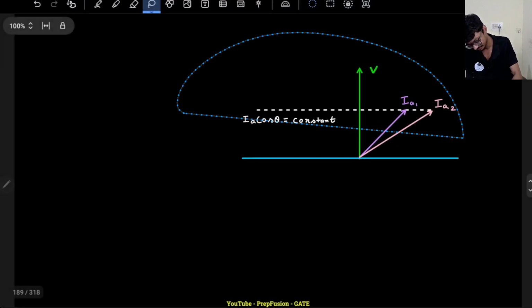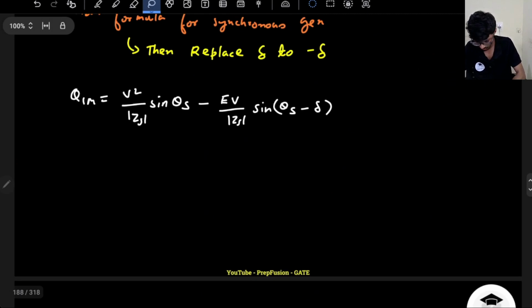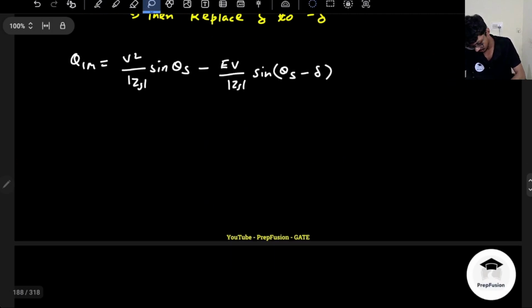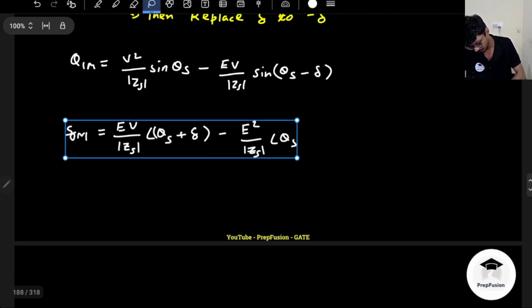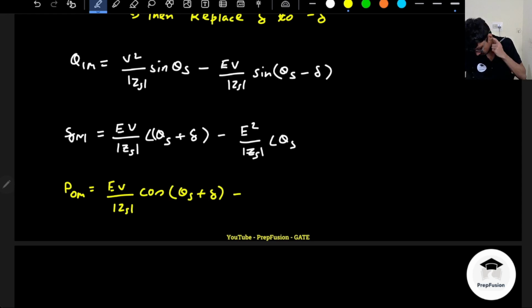Okay, so POM, right here I have pasted. Yeah, POM, what will be POM? POM, if I see, that is the power output of the motor. What will be the power output of the motor? It will be EV by magnitude of Zs into cos of theta s plus delta.